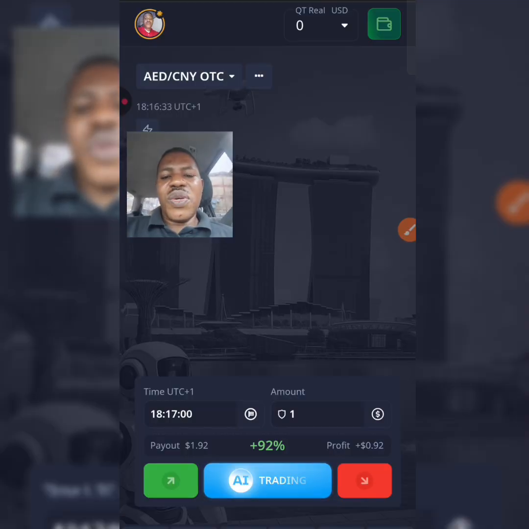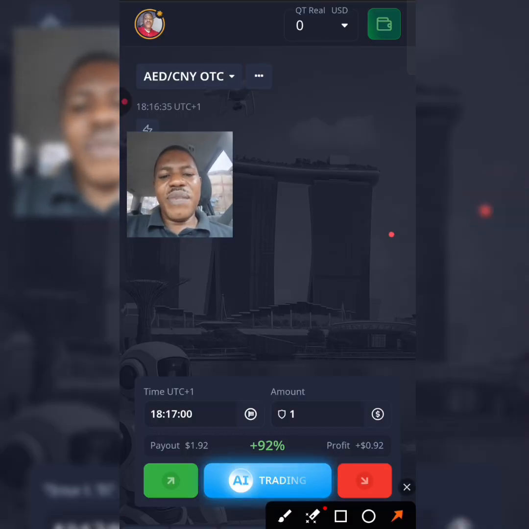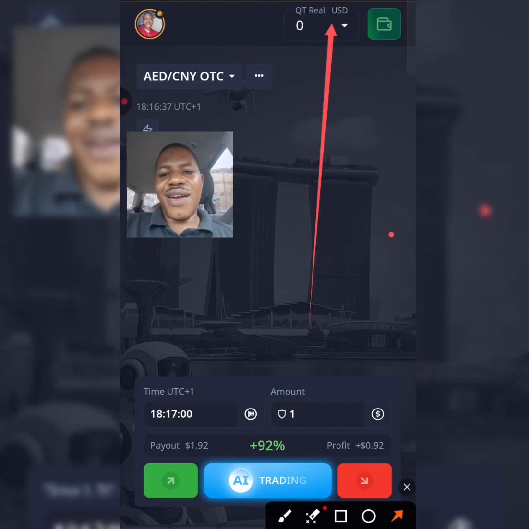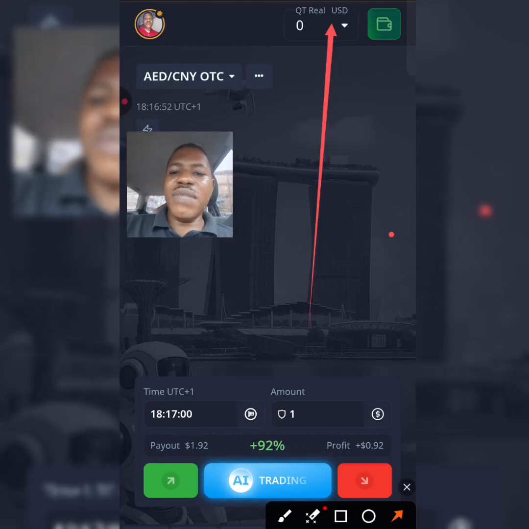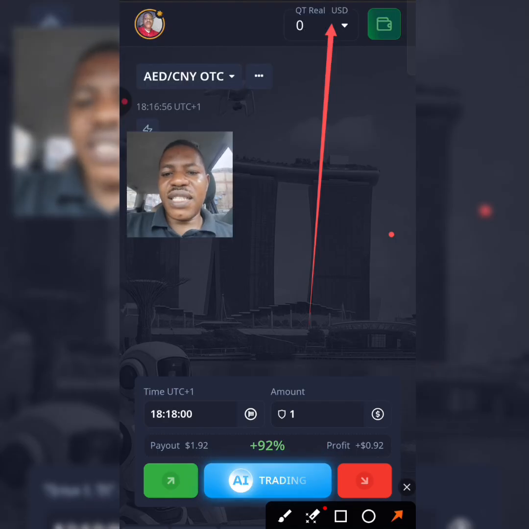All right, you can see in my account balance, I have 0 in my real account. This is because I have actually made a withdrawal. I emptied the account. I withdrew money from my account, I emptied everything, because I want to deposit afresh and do a challenge.